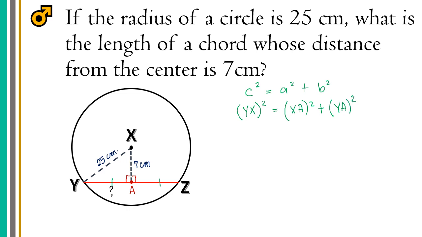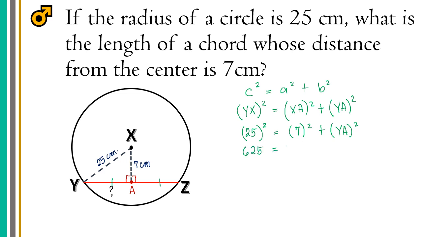Okay, so now substituting the measures for each given side. So for YX, we have 25, centimeters, or I'm gonna put the 25 first. Maybe I'll just put the unit of measurement in our final answer. And for XA, we do have 7. And of course, for YA, we will just simply copy it for a while. Okay, now 25 squared, we all know that is 625.